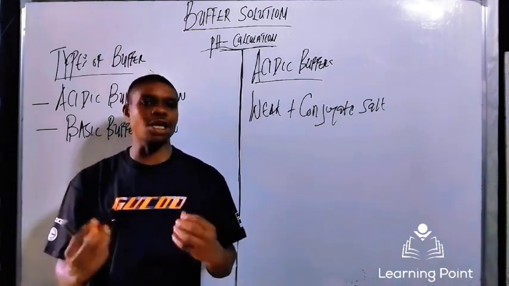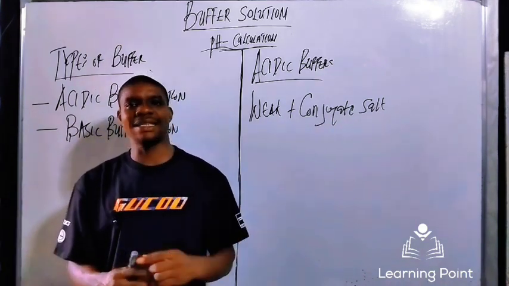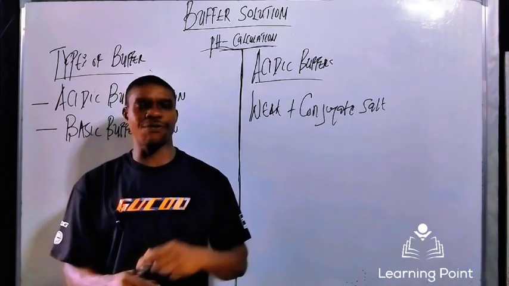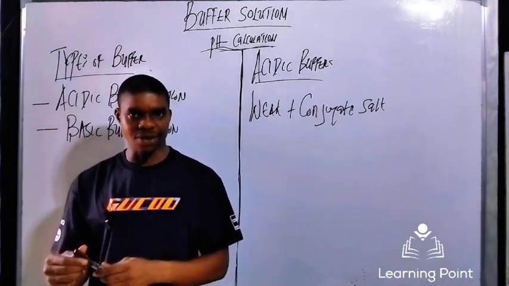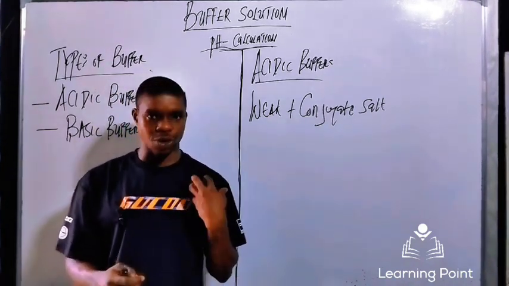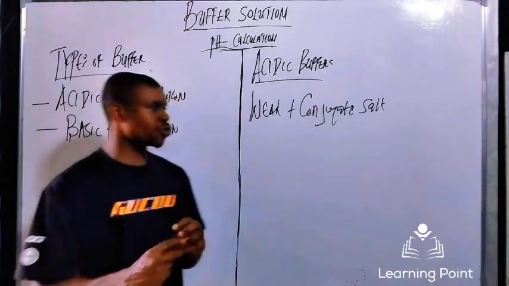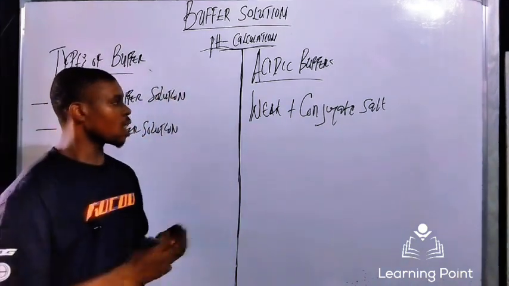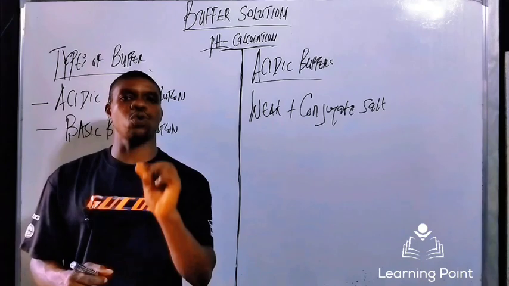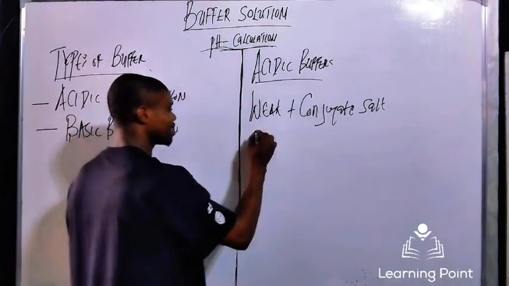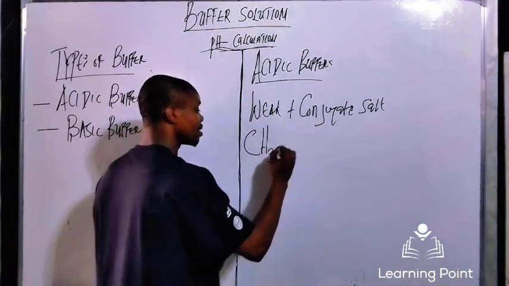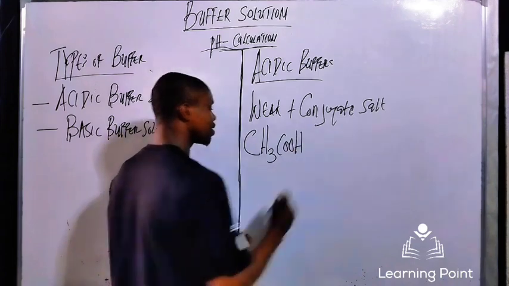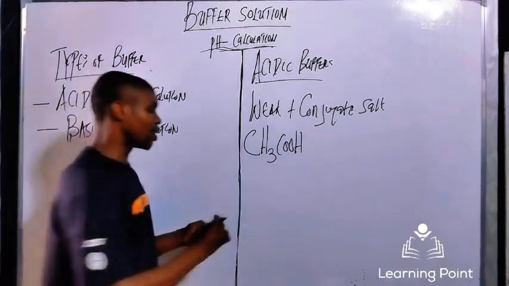Now, according to Bronsted theory, when an acid donates a proton, it forms a conjugate base. Right? While when a base accepts a proton, it forms a conjugate acid. So let's take a proper example of a weak acid, like acetic acid, CH3COOH. This is called acetic acid, or ethanoic acid.